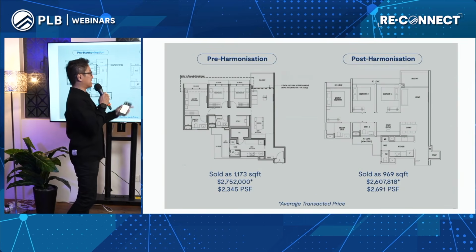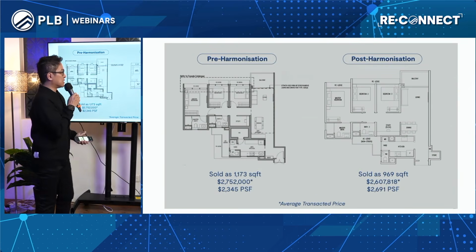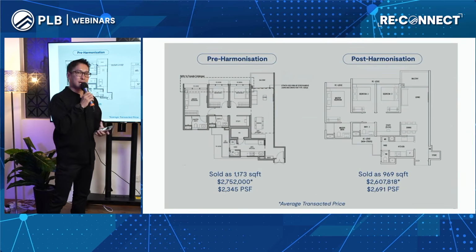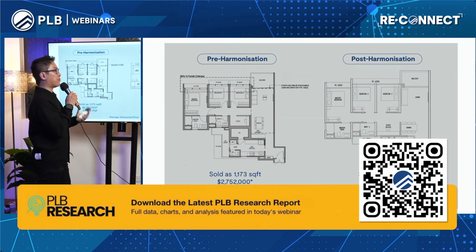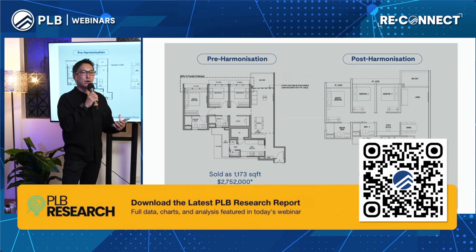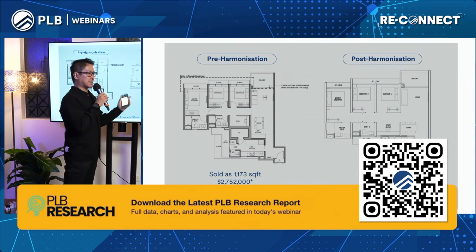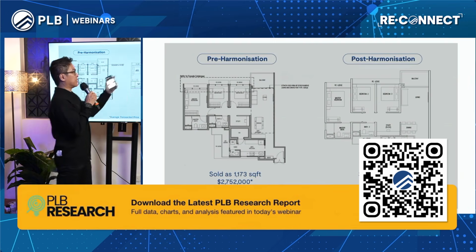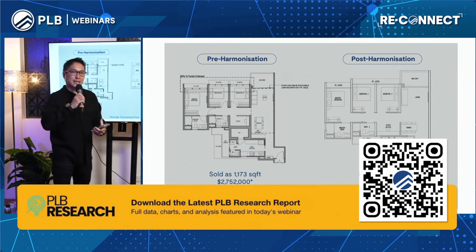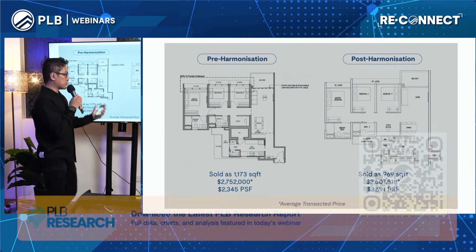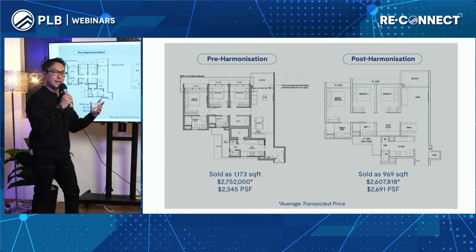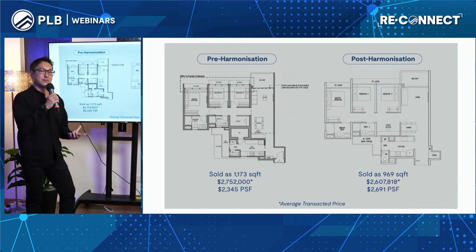The RC ledge as well as the AC ledge. So these are considered non-strata area, meaning that whatever you buy now, post-harmonization, will be the effective area that you're actually buying. That's something very important. So post-harmonization, the developer has to make sure that all of these are usable space that they can sell to you. It also means that the PSF has increased because of this.